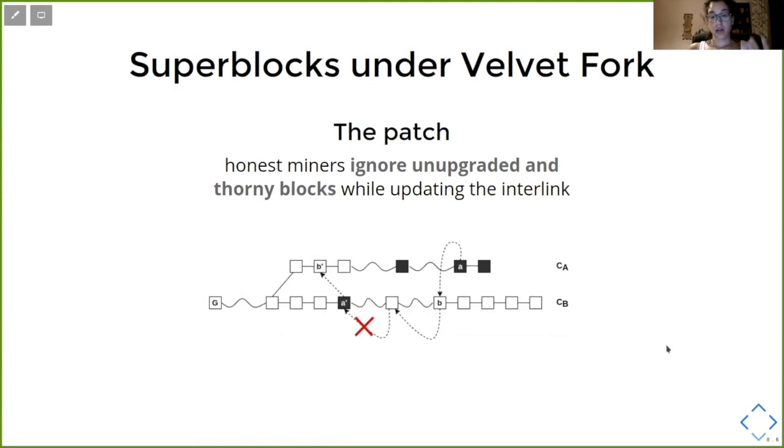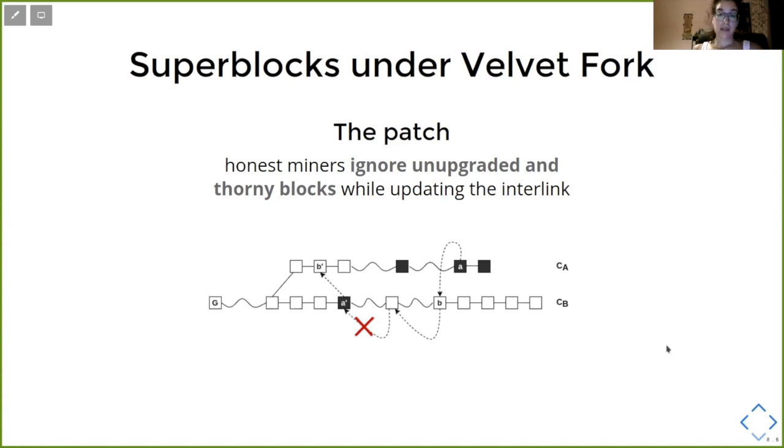Because, as we said, there are no superpointers of honest blocks pointing to thorny blocks. And this comes with a cost, of course. The cost is that honest provers also cannot contain such thorny blocks in their proofs, because honest proofs contain only honest blocks.